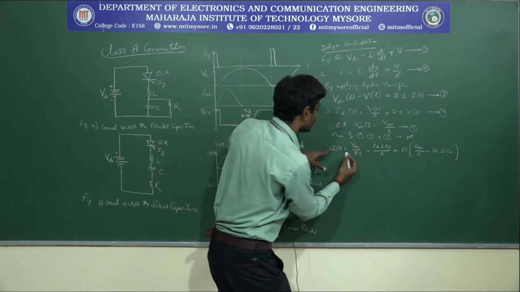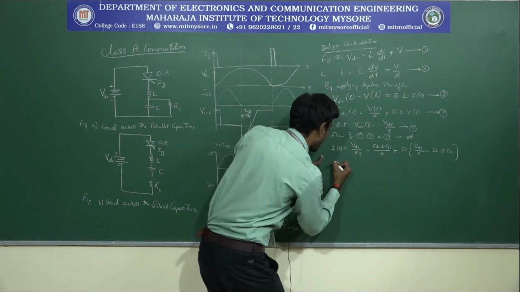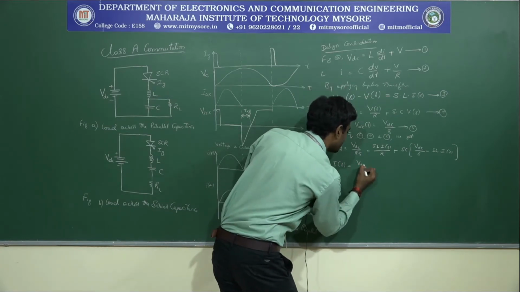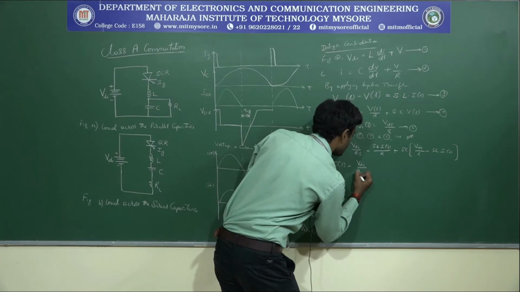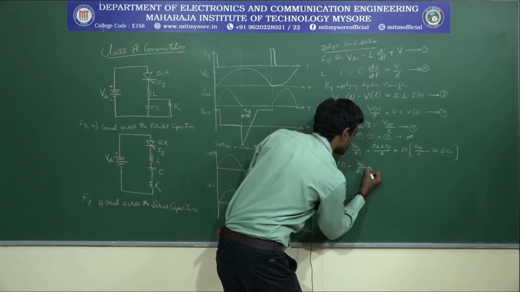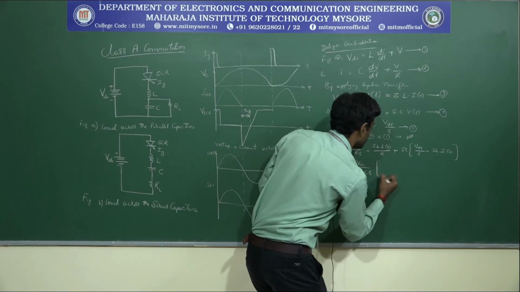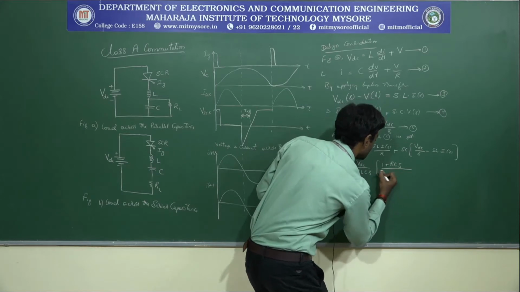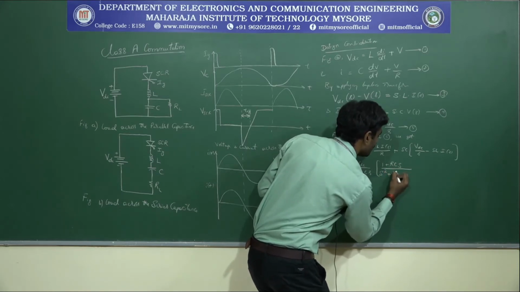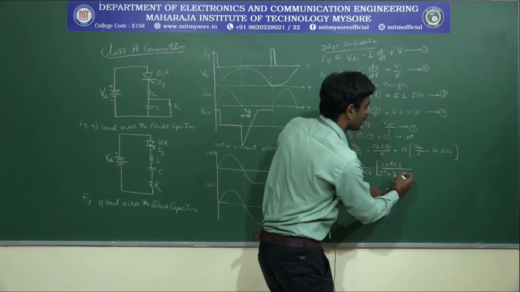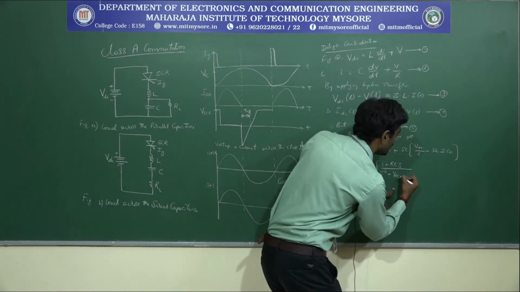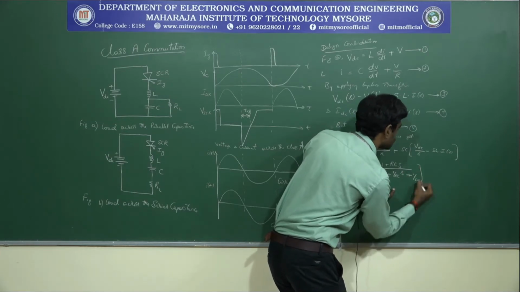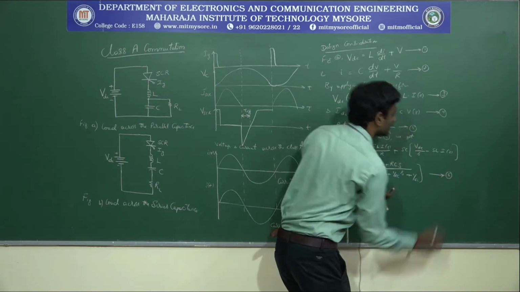Solving this equation, I can write the final equation as VDC divided by RLCS will be equal to 1 plus RCS divided by S square plus 1 divided by RC S plus 1 divided by LC. This will be my equation 6 here.